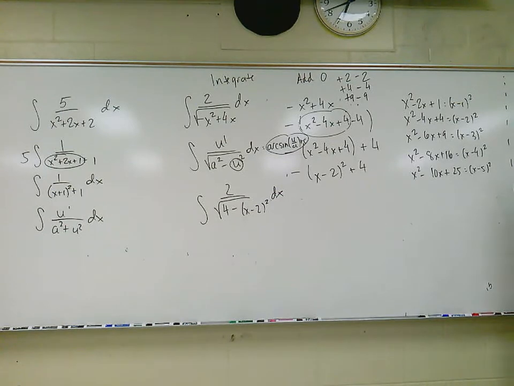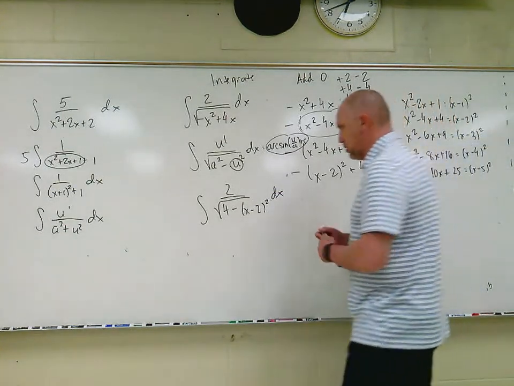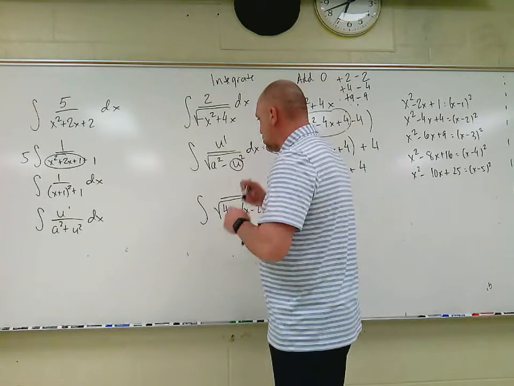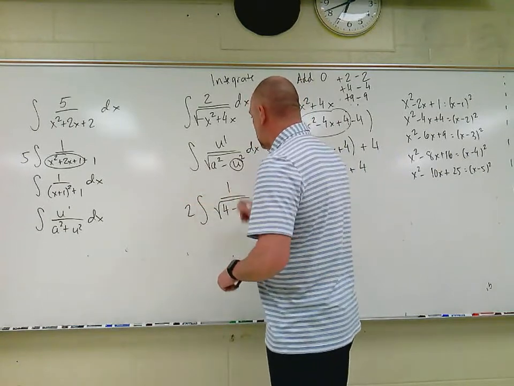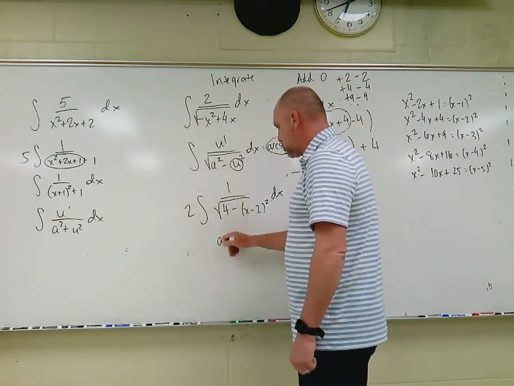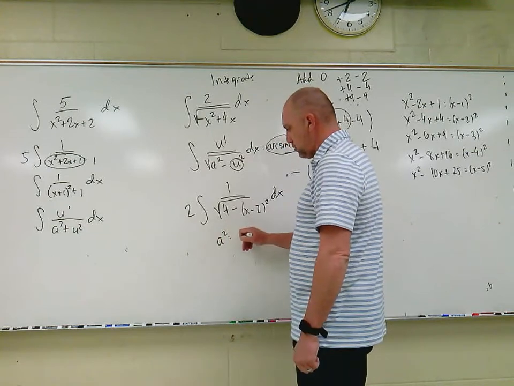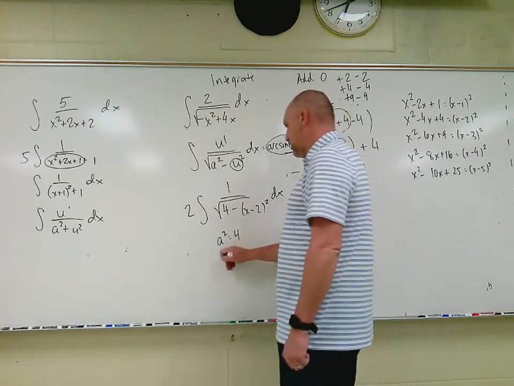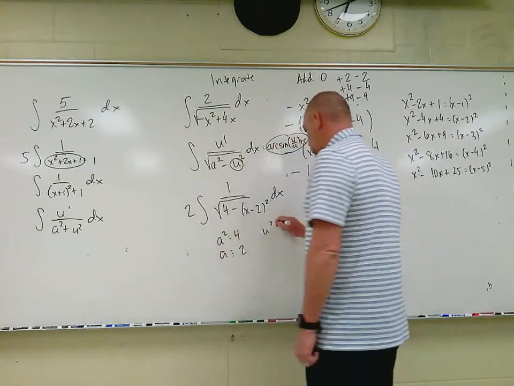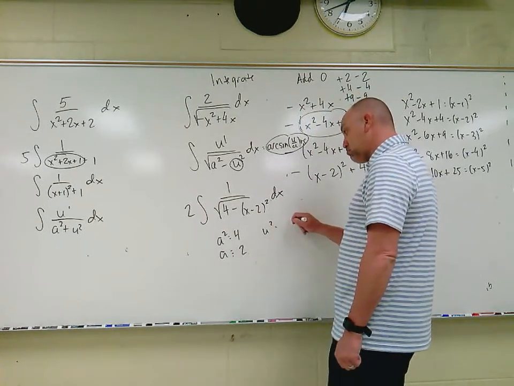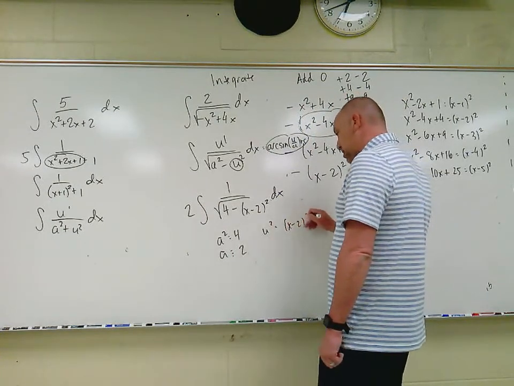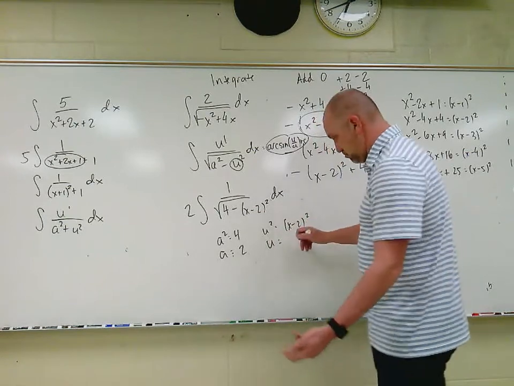Okay. Let's see if we can list everything. I'm going to take this 2 out. So a squared is what? 4. So a is 2, u squared is what? (x minus 2) squared. Yeah, then it becomes easy. So u is what?